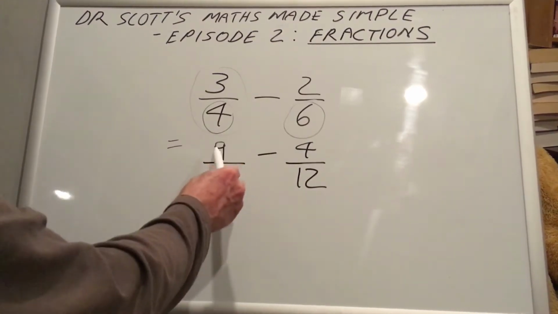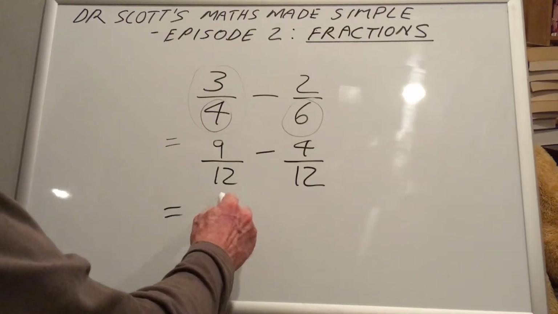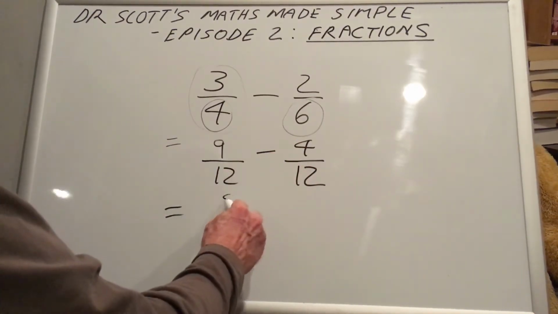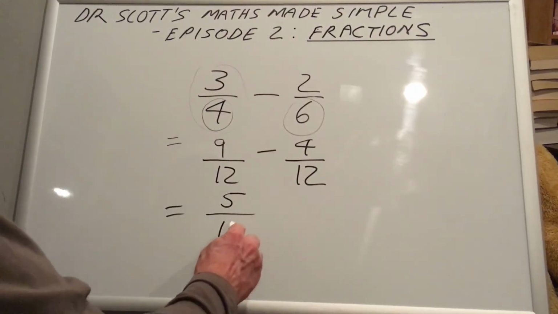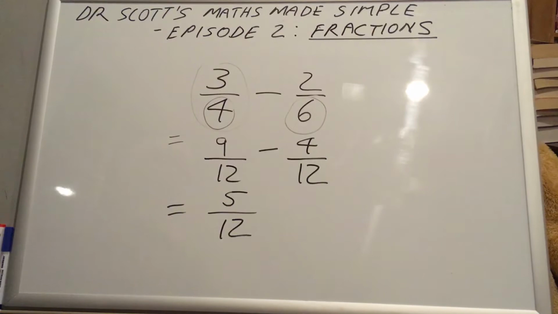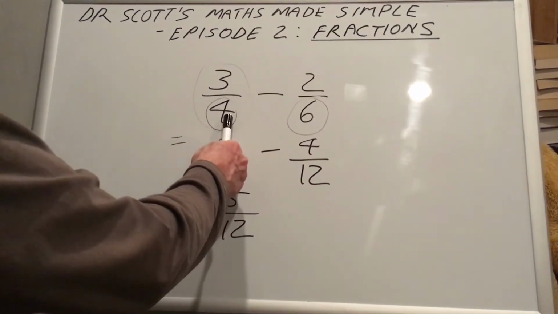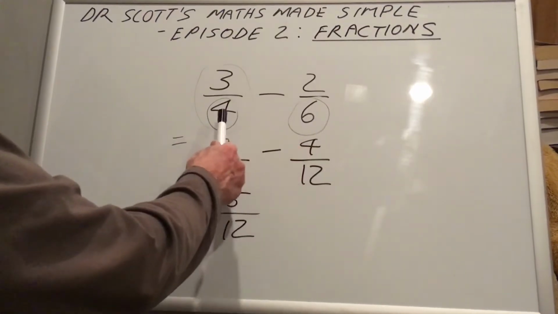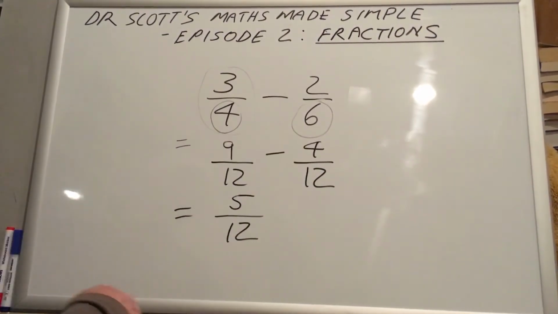Equals 9/12 minus 4/12 equals 9 minus 4 is 5, and it's 12ths. It's all over 12, so that stays the same. So that's your final answer, 5/12. So we've changed it to the same denominator just by doubling that and tripling that. We get 12 on both sides and we can do it easily.